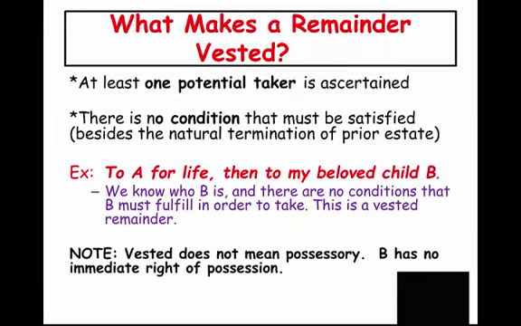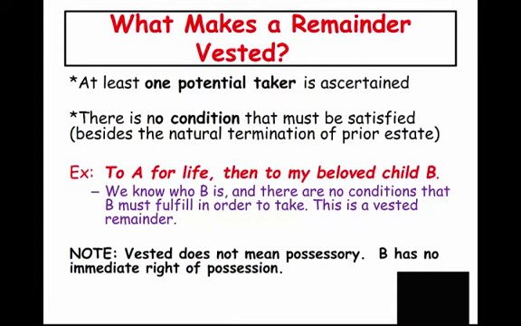What makes a remainder vested? If a remainder has at least one potential taker who is an identified actual person, then a remainder is vested. And there has to be no condition that must be satisfied other than, of course, the end of the life estate.